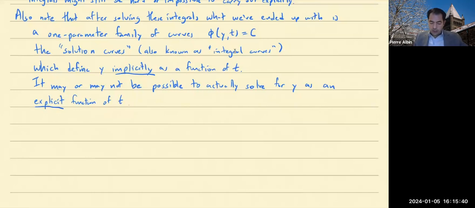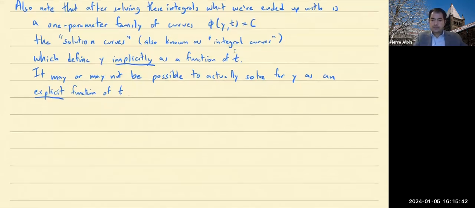Okay, so let's work out an example. Suppose we want to solve the equation dy by dt is equal to t divided by y.